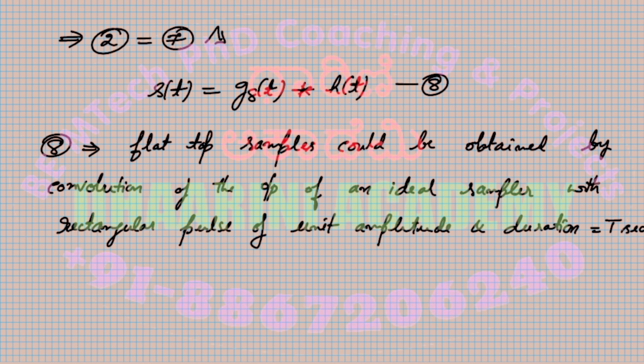I need a proper G of f at the center, like we obtained in the previous section of natural sampling. There also, it's not ideal sampling, it's natural sampling. I obtained a triangular spectrum at the center of my frequency domain graph, right?